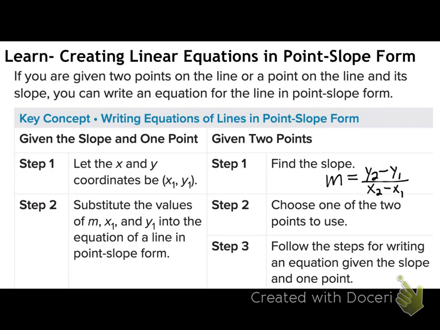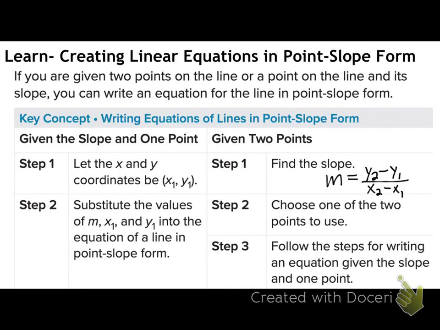After step 1 of finding the slope, it pretty much just turns into this method over here. Choose one of the 2 points to use to plug in, and then follow the steps for this over here to plug in the value of the slope and the values of the ordered pair that you've chosen. Do you think it matters which ordered pair you pick? No, you can pick either one. And we'll look at that here in a second. So you need to have these steps written down in your notes.